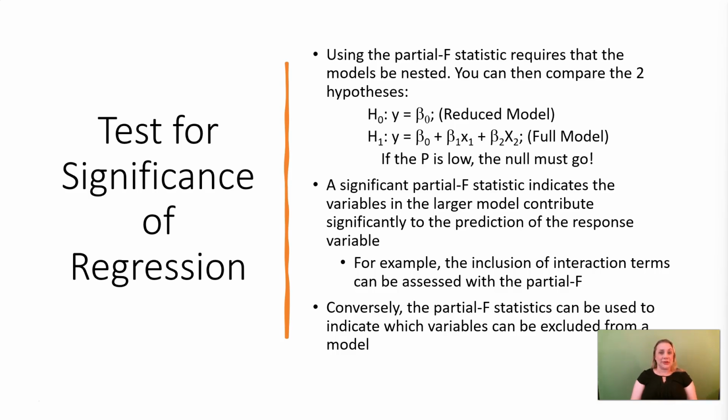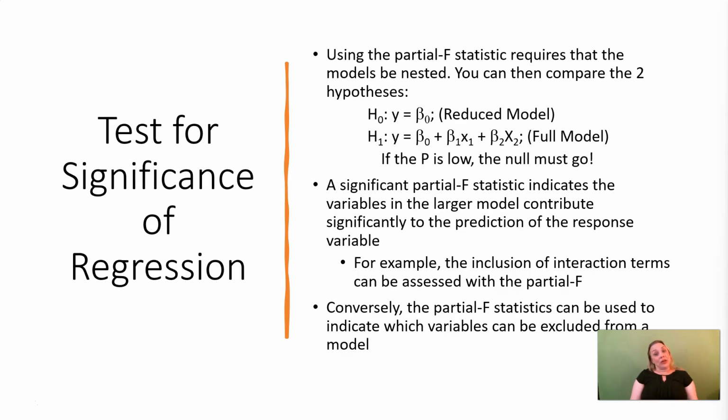You might want to consider taking some variables out so that you can make an overall statistically significant model. We use what we call the partial F statistic to look at your models being nested. When your models are nested, it allows you to compare two hypotheses. So you're looking at your reduced model and your full model for whether or not your beta values are different from 0.